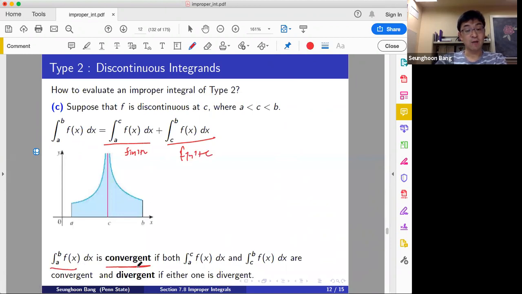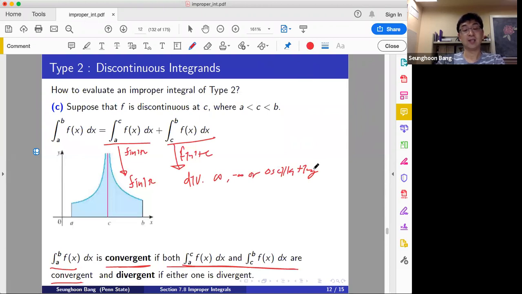The improper integral is convergent because both are convergent. But here, this is finite and this one is divergent, like infinity, minus infinity, or oscillating. So one out of two improper integrals is divergent. What is the answer? The whole improper integral is always divergent because either one is divergent. It's a good idea for checking whether the improper integral is convergent or divergent.